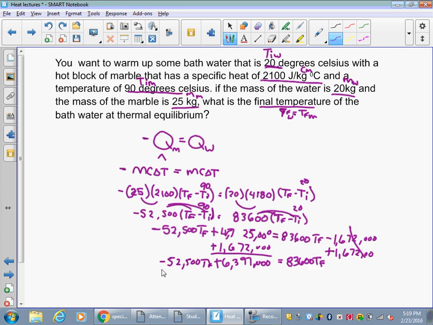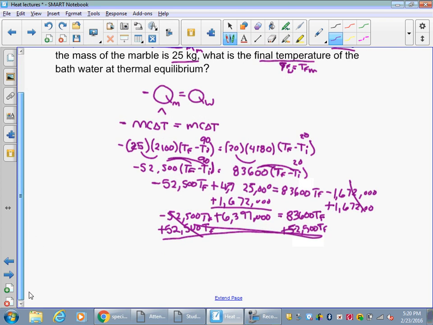Okay, now I want to move my T finals to the other side. So how do I get rid of a negative 52,500 T final? Add it to both sides. Whatever I do to one, I do to the other. That goes away over here.